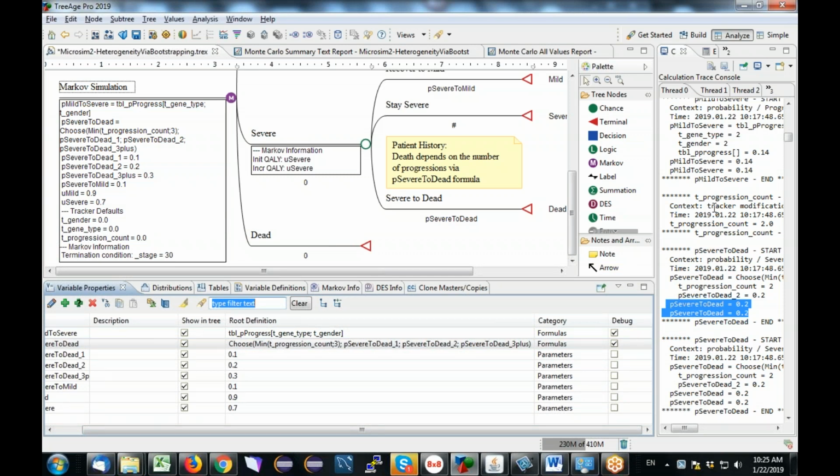Because if I had everything output there, there'd be too much data. It'd be too hard to find what I wanted. And so there's a technique to just say, I just want to see the recording of specific elements so I can make sure they're working. And when you're done, you can just turn this off. You don't have to keep it on forever. It's just a way to check things. Okay, so that's the way those 2 things are, in terms of the patient history and the patient characteristics.